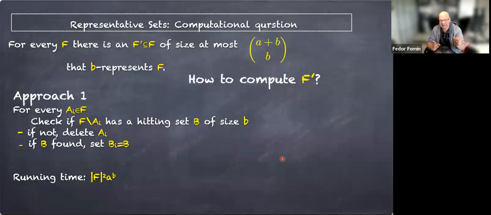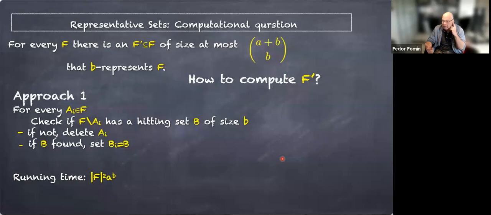So I remove the elements of A_i from all sets in the family F. I obtain some smaller family of sets, and for this family, I check if it has a hitting set B of size at most b.